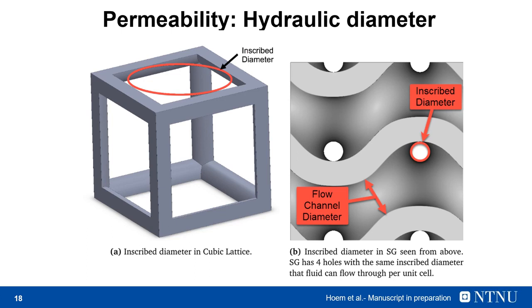Permeability, hydraulic diameter. For the cubic lattice, the inscribed diameter is very large compared to the unit cell. But for the Schwinn-Gyroid, we can see that the flow channel is fairly large, but when we look at the flow channel from above, the inscribed diameter is really low because the flow channel is alternating.